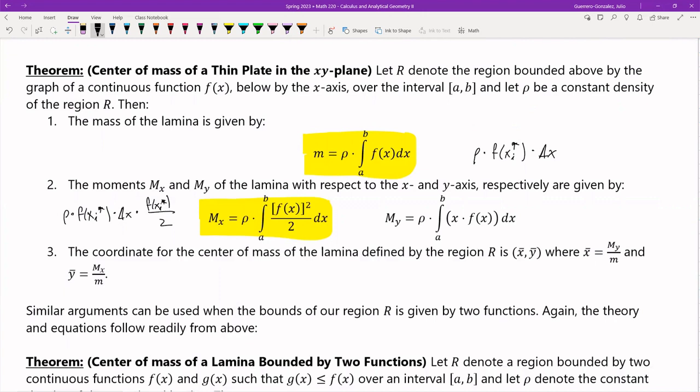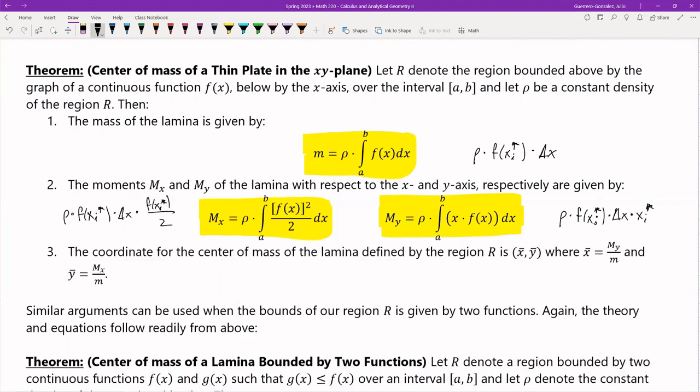And then likewise for the moment with respect to the y-axis, it's this right here. If you guys remember the construction, it was rho times, this is the very last one that we did, f of xi star times delta x times xi star.